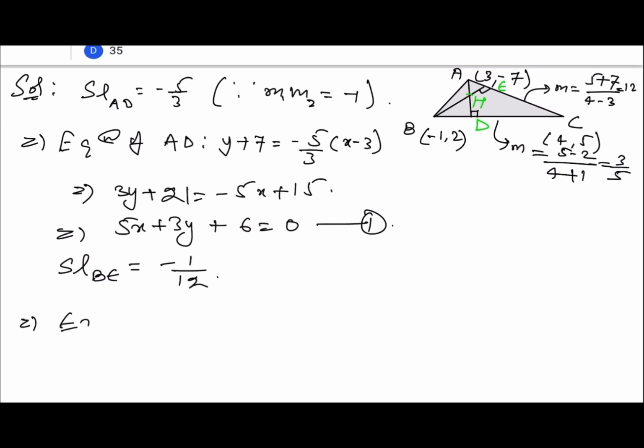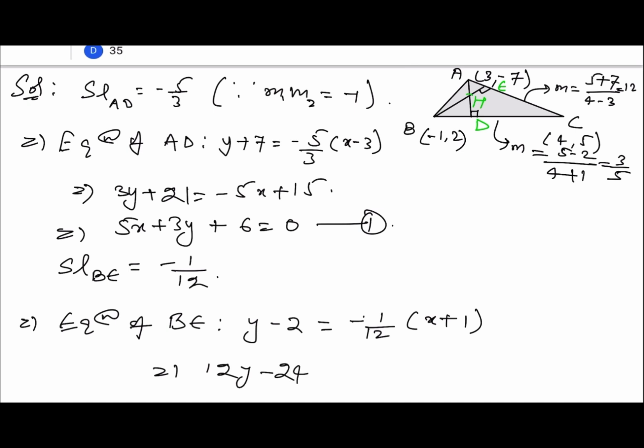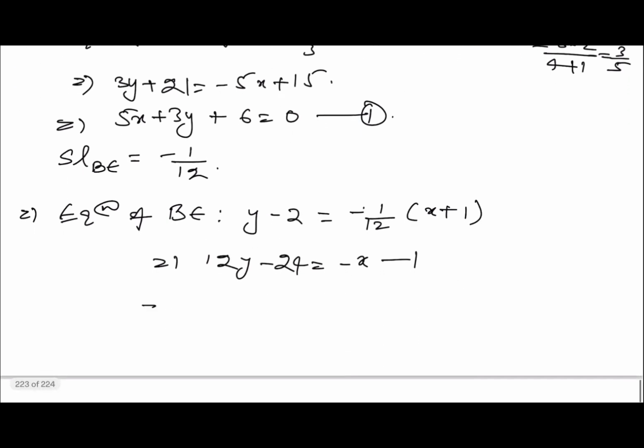So equation of BE is y minus y1 is equal to slope times x minus x1. So this is 12y minus 24 is equal to minus x minus 1. So x plus 12y minus 23 is equal to 0.